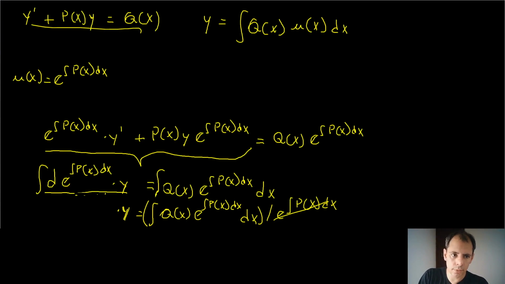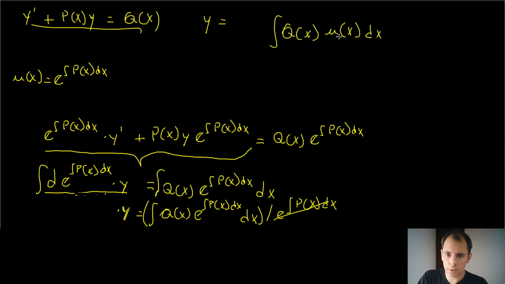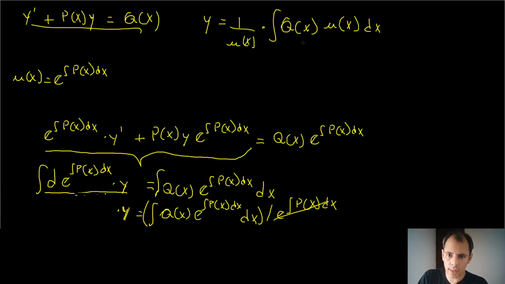You don't want to write it like this because otherwise it seems like you're integrating everything, and it's not. So what you want to do is to move this stuff over here a little bit further, and you multiply 1 divided by u of x times this integral. That's the thing. Okay.